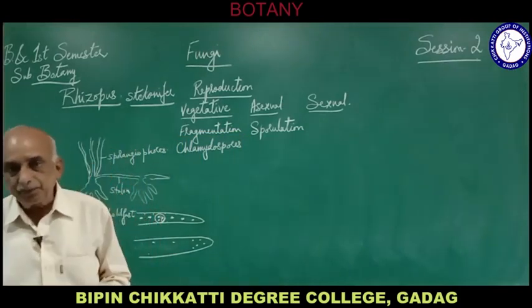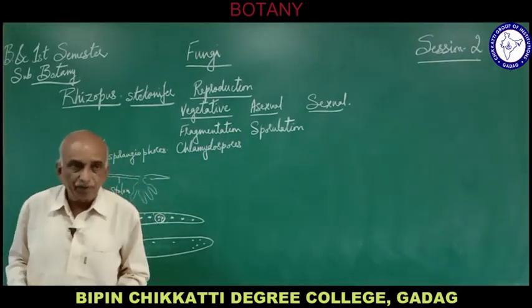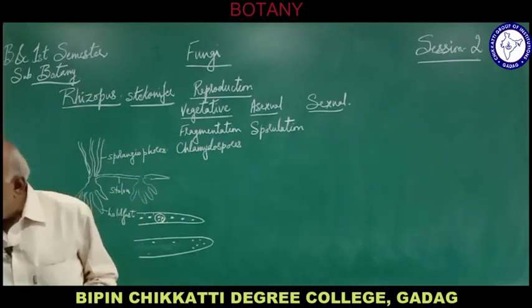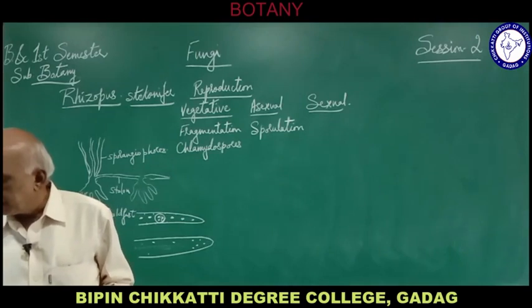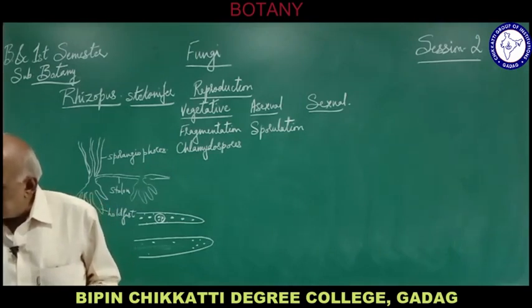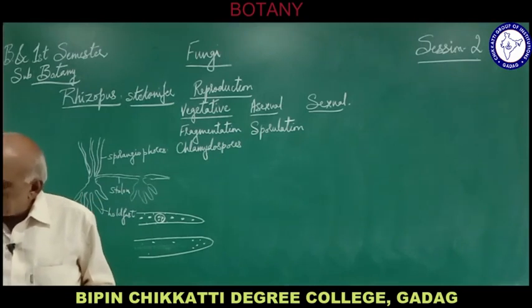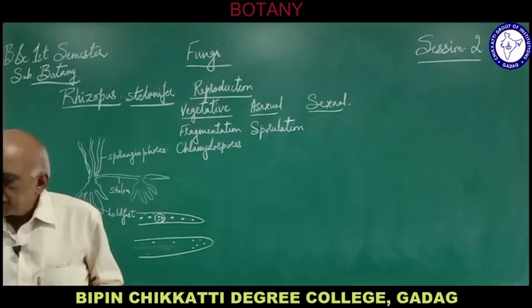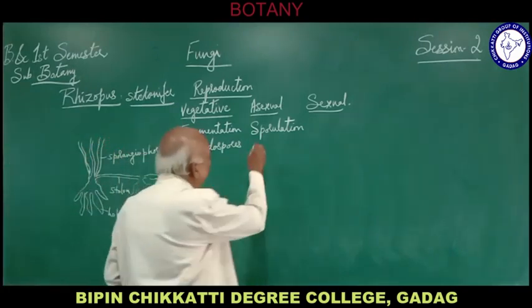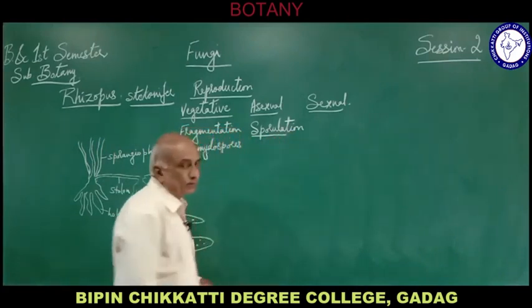Now in case of the another method of reproduction, that is sporulation, sporulation means by the production of spores.